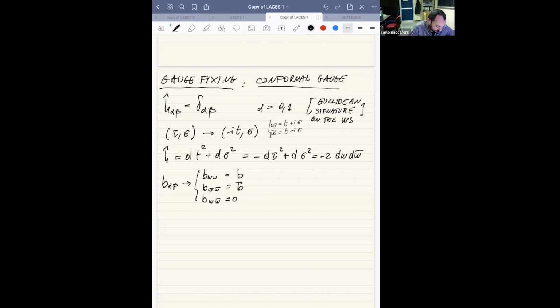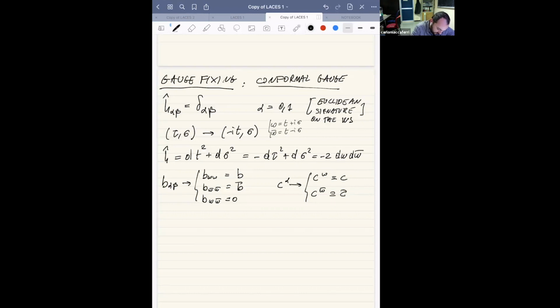And the same we can do for c alpha. c alpha, alpha can have two values, can be c w or c w bar, and I will call this one c and this one c bar.